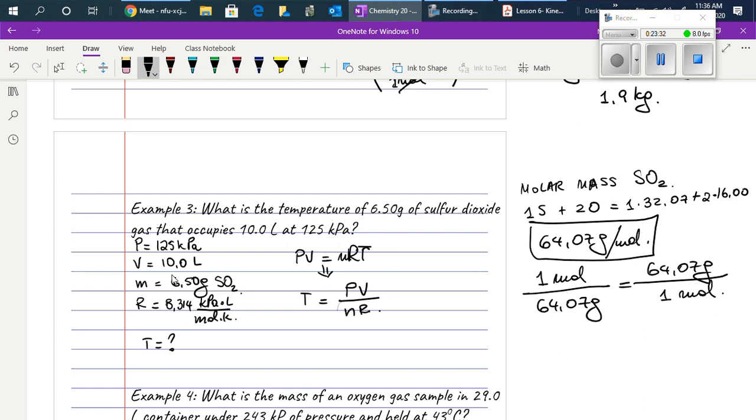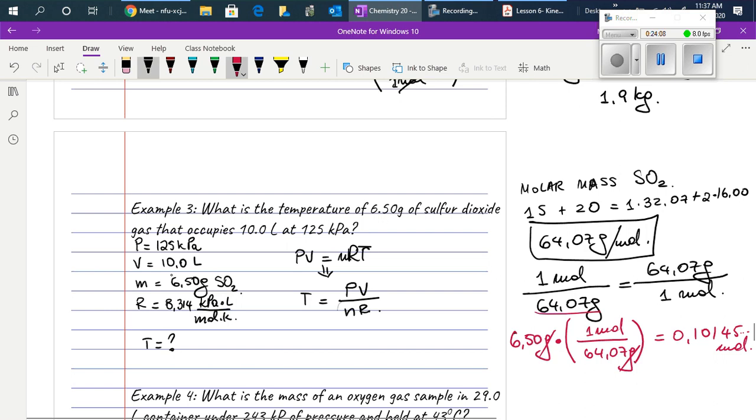So using this information, starting with what is given, 6.50 grams will be multiplied by the first ratio here. So 1 mole over 64.07 grams. So grams and grams are cancelled out, and then we will have a value of 0.10145 and so on moles. We'll keep it as this number for now, and we'll do the rounding at the very end.